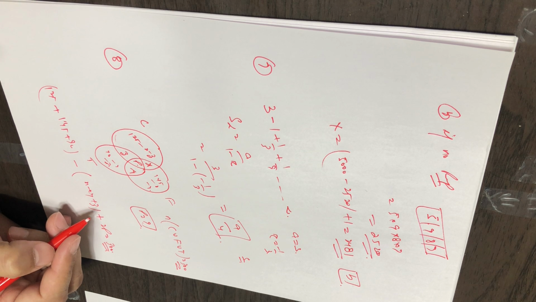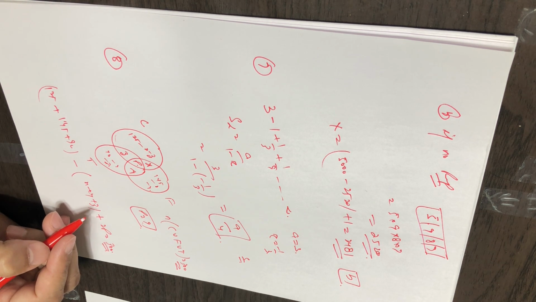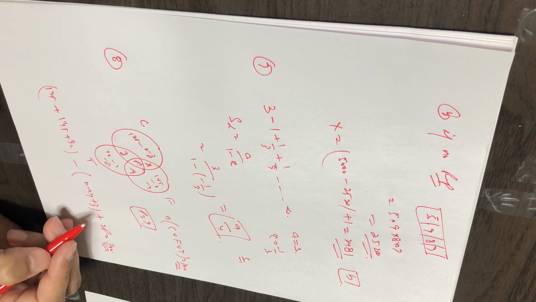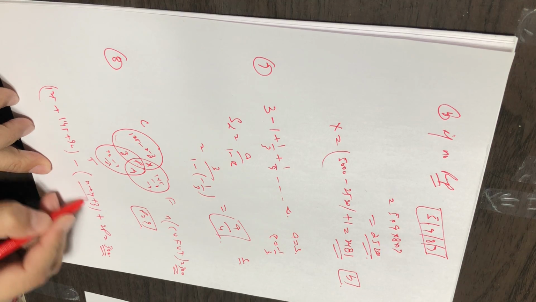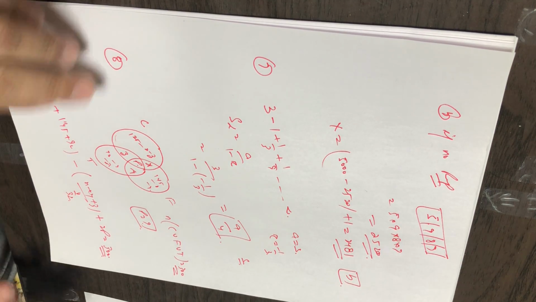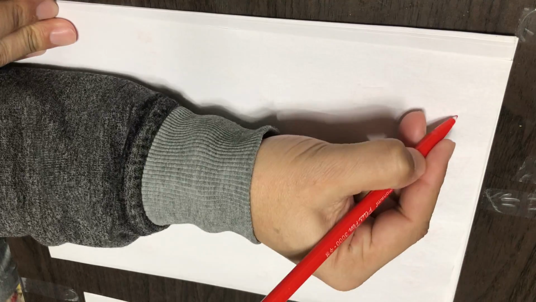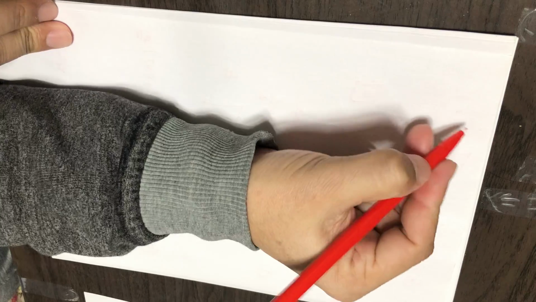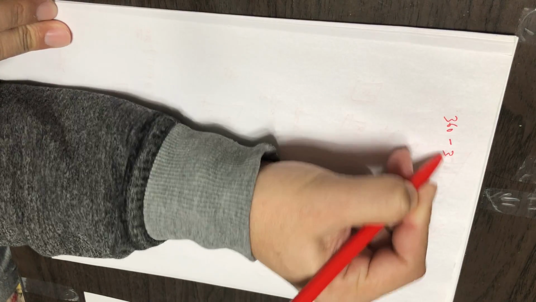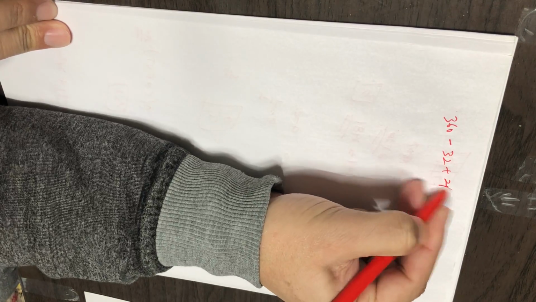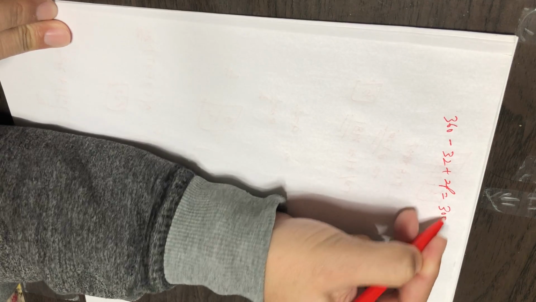It is also given that x plus y plus z is equal to 32. So if you solve this, it will be 360 minus 32 plus 2P is equal to 300.